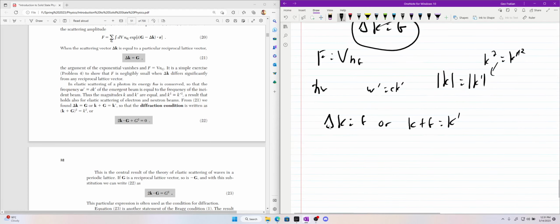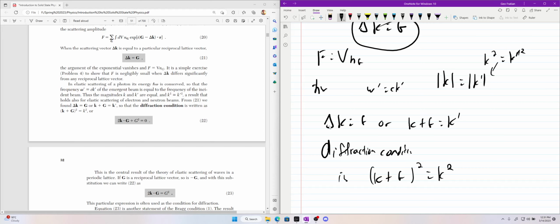Therefore, the diffraction condition is (k plus G), both vectors, squared equals k squared, or 2k dot G plus G squared equals 0.